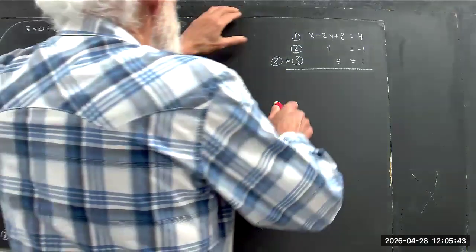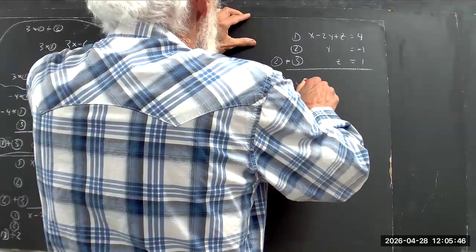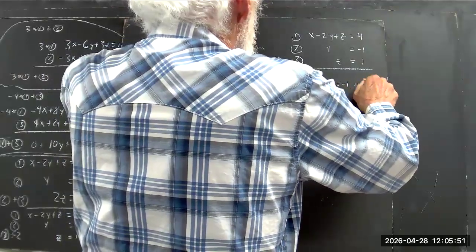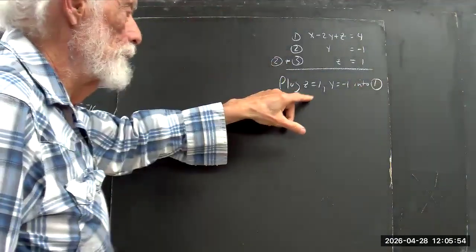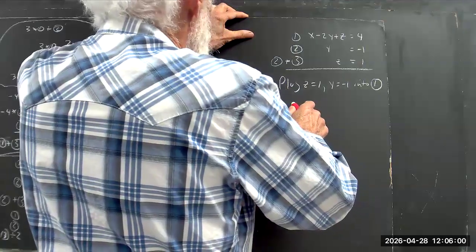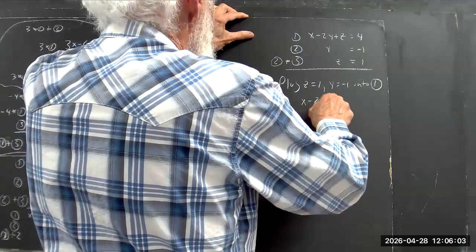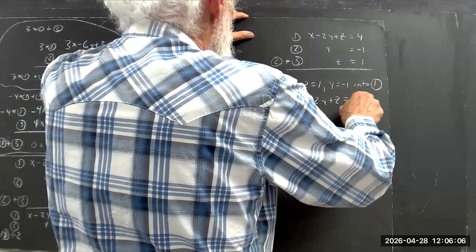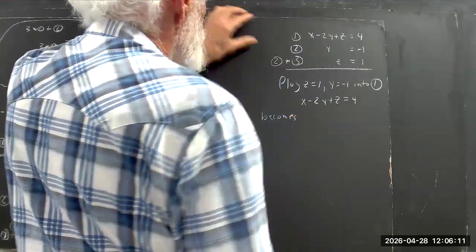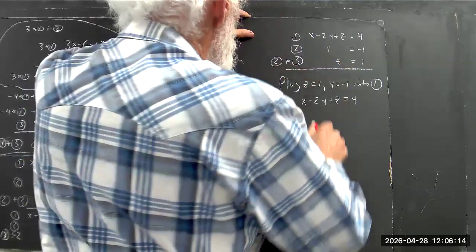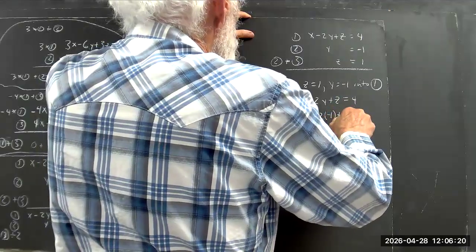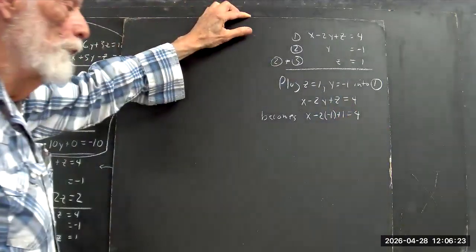Now, we're going to plug z equals 1 and y equals negative 1 into equation 1. The equation x minus 2y plus z equals 4 becomes x minus 2 times negative 1 plus 1 equals 4.